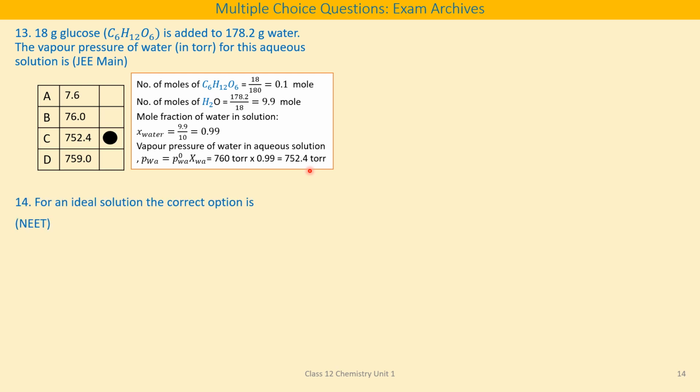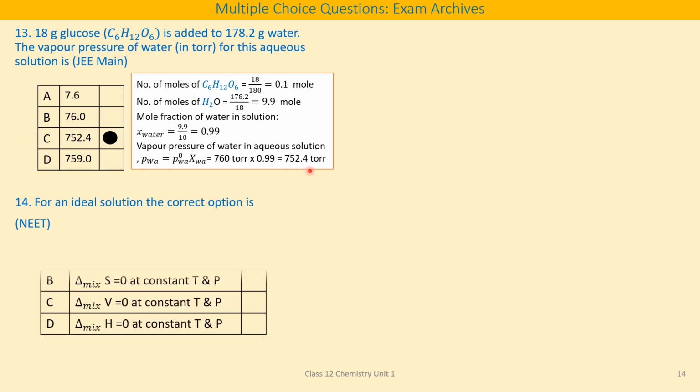Next question. For an ideal solution, the correct option is, four options are given. We have to choose the correct option. Analyze and mark the correct option. Delta mix of G equals 0 at constant temperature and pressure. All the four options are at constant temperature and pressure. Delta mix of S is equal to 0. Delta mix of V equal to 0.